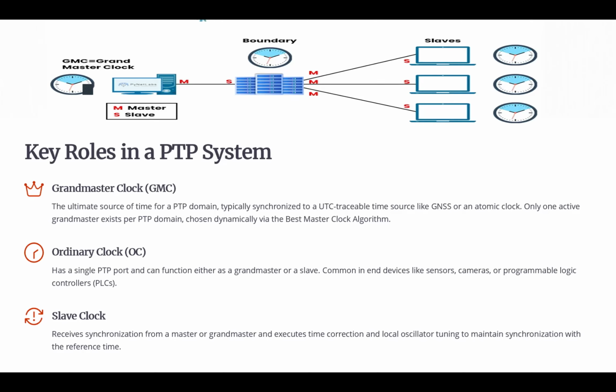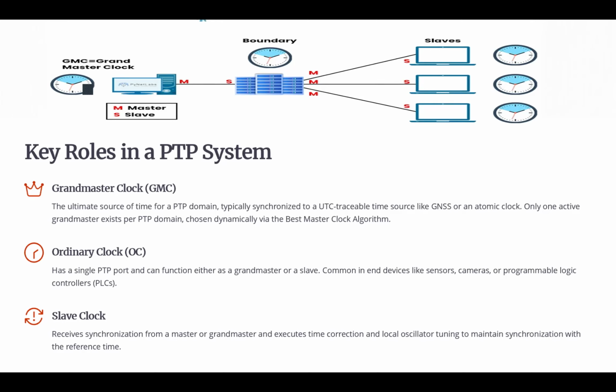The most important one is the grandmaster clock, which is basically the master, the clock with the highest precision and the main source of our time synchronization messages. So it should be the most accurate time reference.